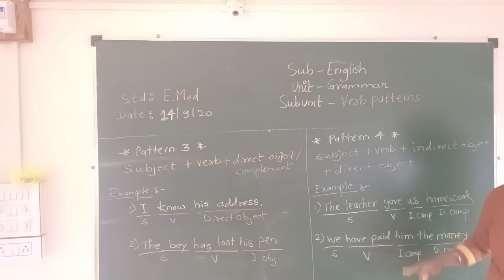Now in this pattern 4, we can form a sentence with the structure subject plus verb plus indirect object or indirect complement plus direct object or direct complement. Object and complement are one meaning word only.